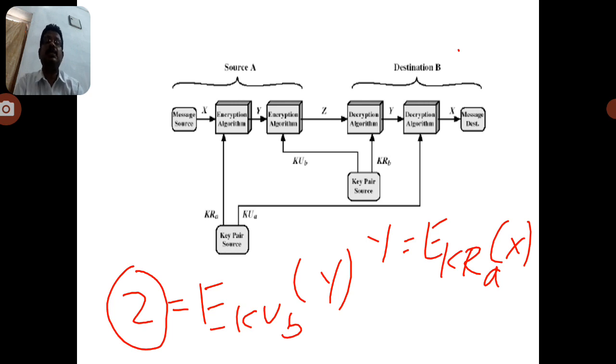For example, two keys are operated in bank lockers. In the bank locker, one key is handled by the bank manager or the bank authority itself, and the second key is handled by the customer, that is the client. The customer has one key and the bank authorities have the other key.